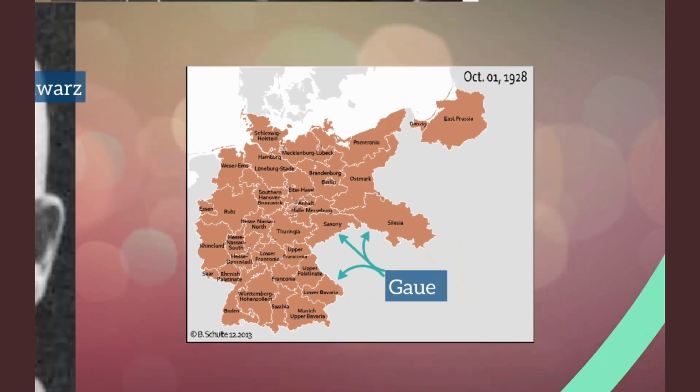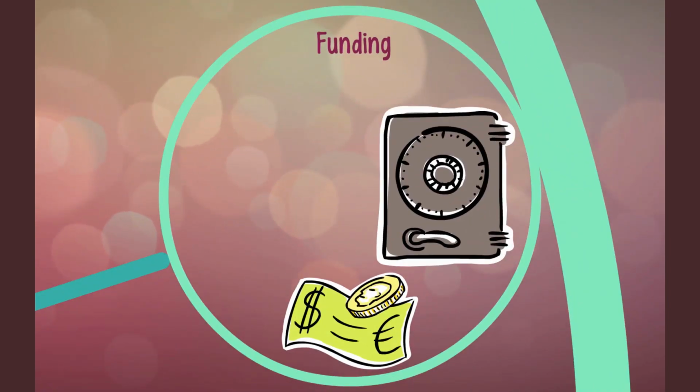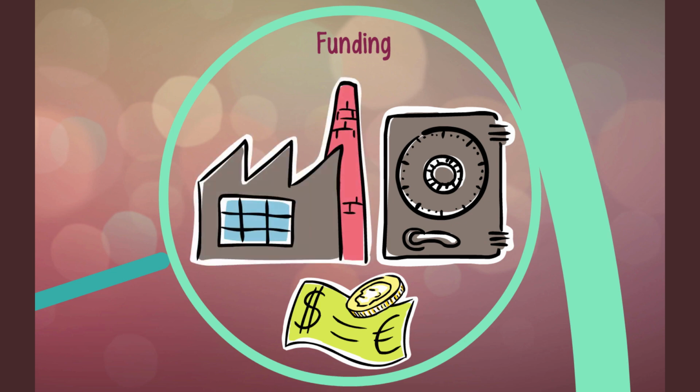Moving on, Hitler also made changes to the funding of the party. Hitler began making friends with very wealthy businessmen because businesses shared the Nazi hatred of communists, and they disliked trade unions, which was something that the Nazis also stood for. So, by the early 1930s, the Nazi Party was receiving donations from Thyssen and Krupp.